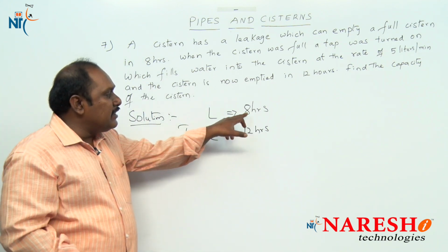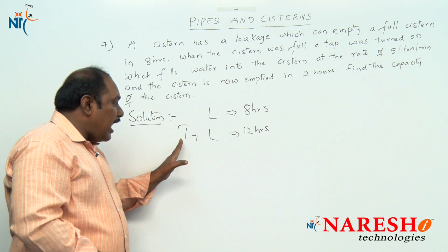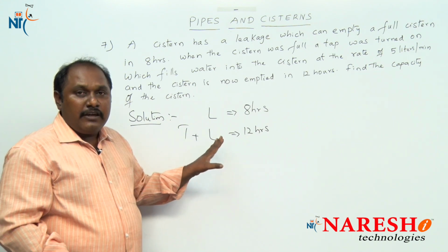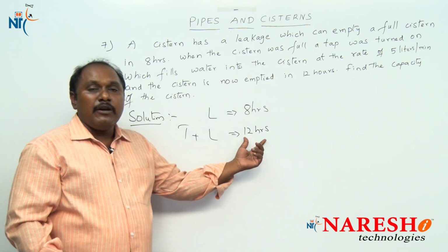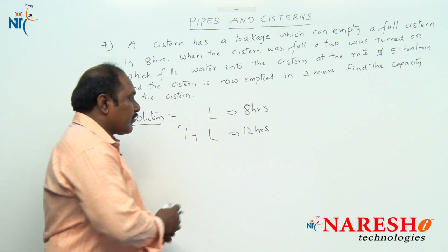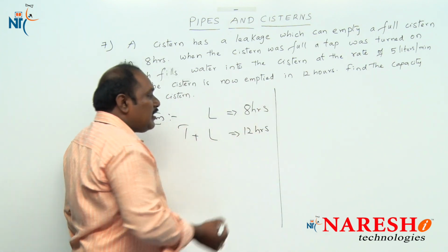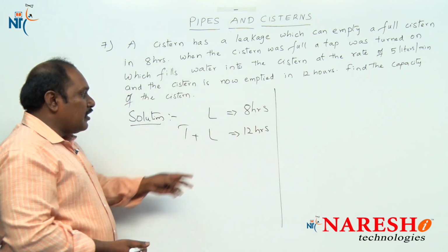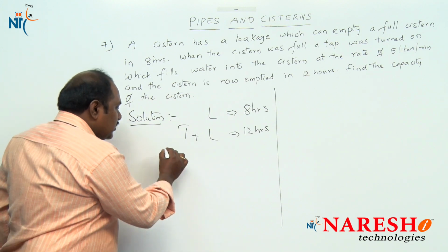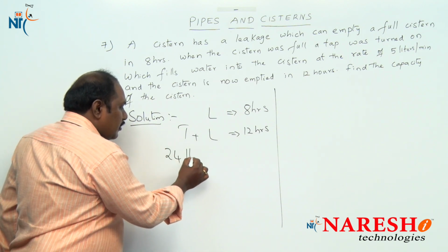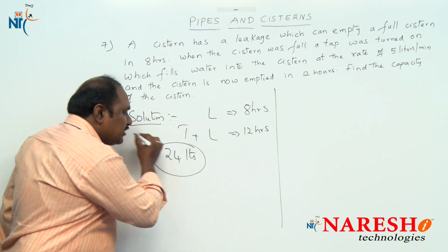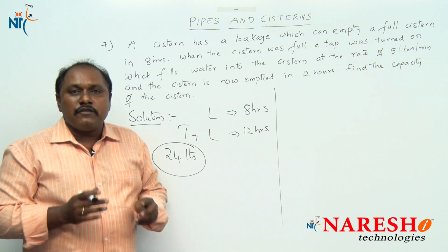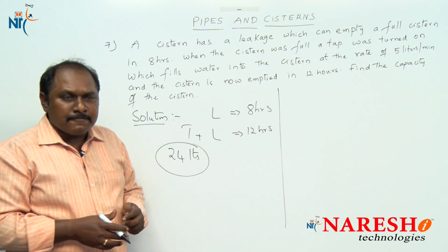Only leakage can empty the tank in 8 hours. Tap and leakage, if both are opened, the tank will be emptied in 12 hours. Now I use the LCM method to answer this question. The LCM of 8 and 12 is 24. So I assume the total capacity of the tank is 24 liters.